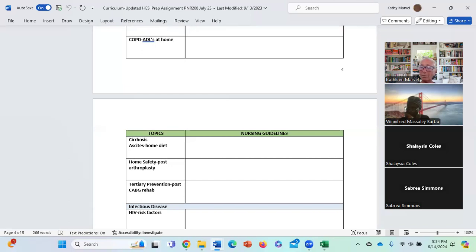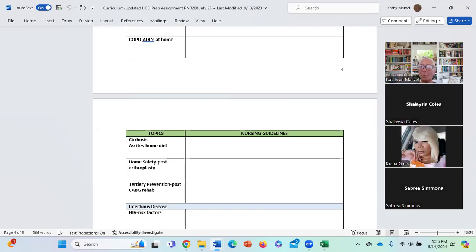What's home safety? What does that mean? Making sure they have grab bars, elevated toilet seats, handheld shower heads at home, not reaching down to pick up something. Remove tripping hazards. Yep, excellent.